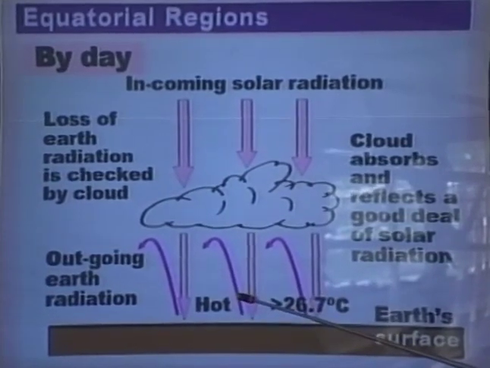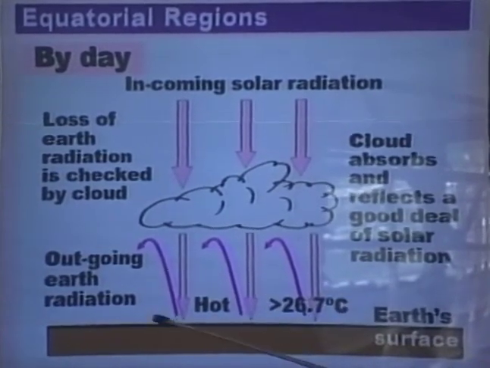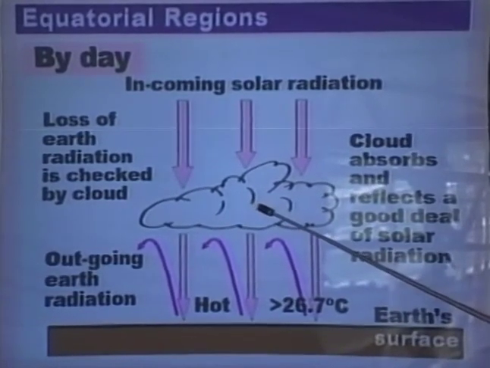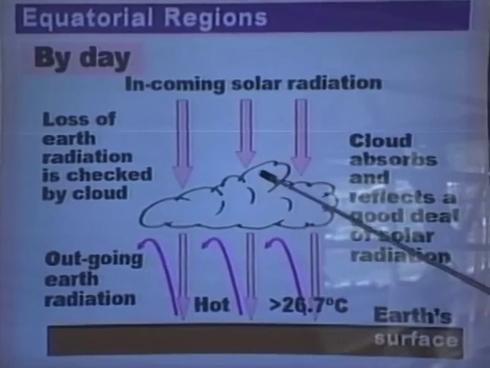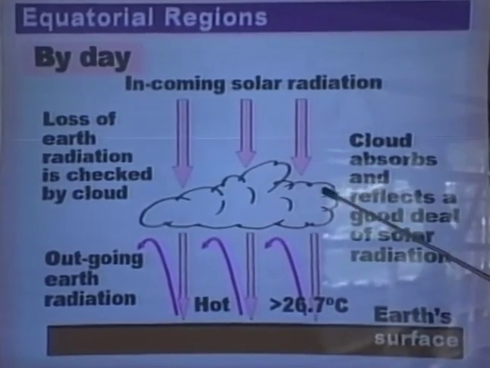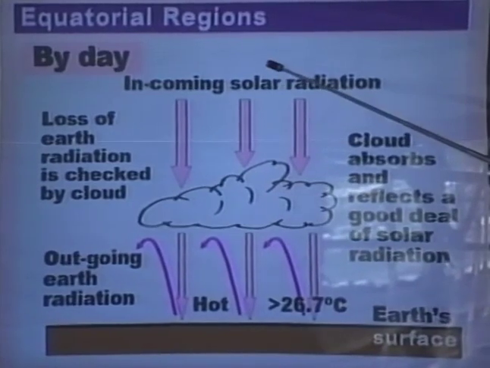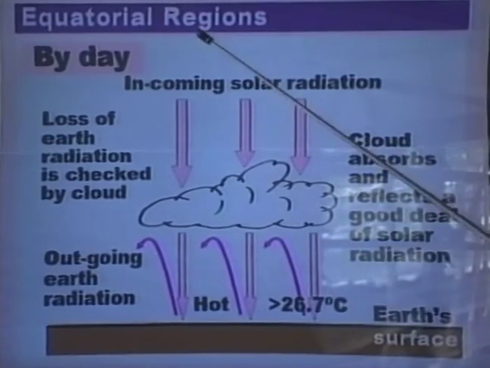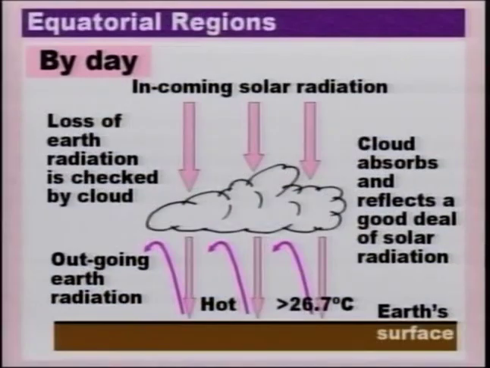As a result, the area here will get hotter. So the clouds act as a blanket to prevent the loss of heat. And not only that, they act as an umbrella, not allowing so much incoming solar radiation through to the surface. This is by day in an equatorial region.